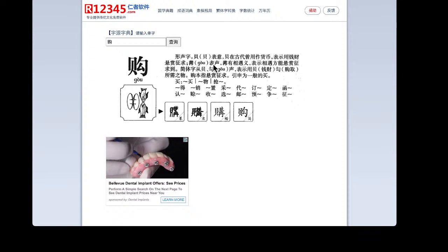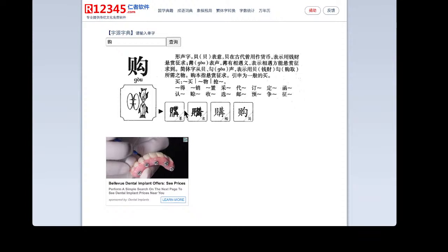And then the right hand side is the character 冓. Okay, 冓. Now 冓, this character has the meaning of bump into each other, like meet. Okay, bump into each other. And so because they are offering rewards to get something, in that scenario it's by chance, right?